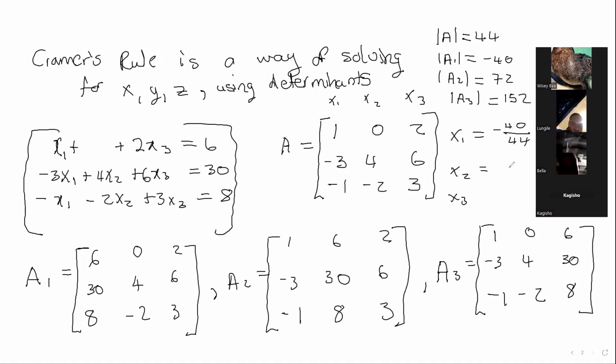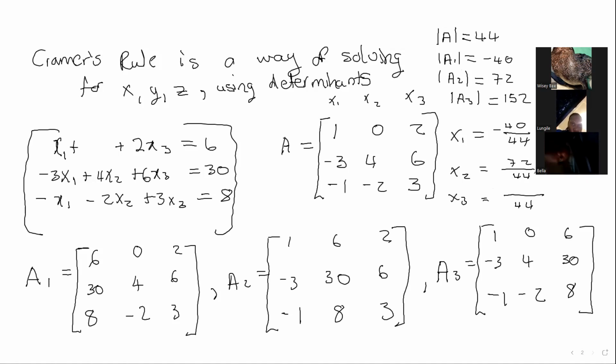Everything will be divided by 44. And then x2, you look for A2, 72. x3, 152. So yeah, that's basically Cramer's rule.